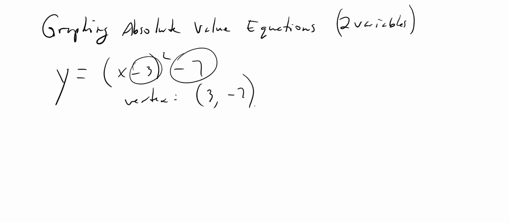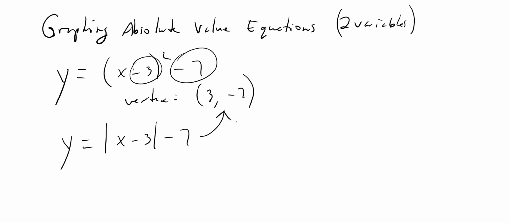Okay, so it's identical. Instead, this is what we're going to have: y is equal to absolute value of x minus 3 minus 7. And guess what? That vertex is exactly the same.